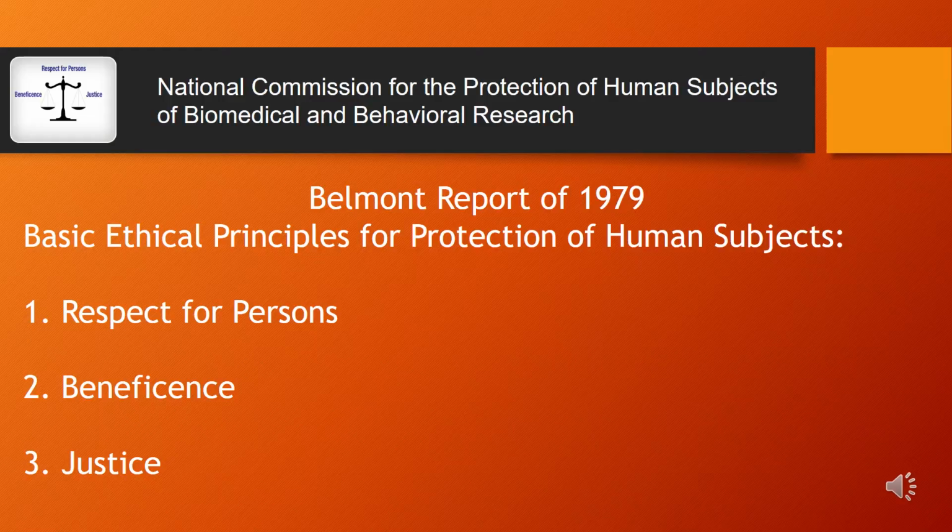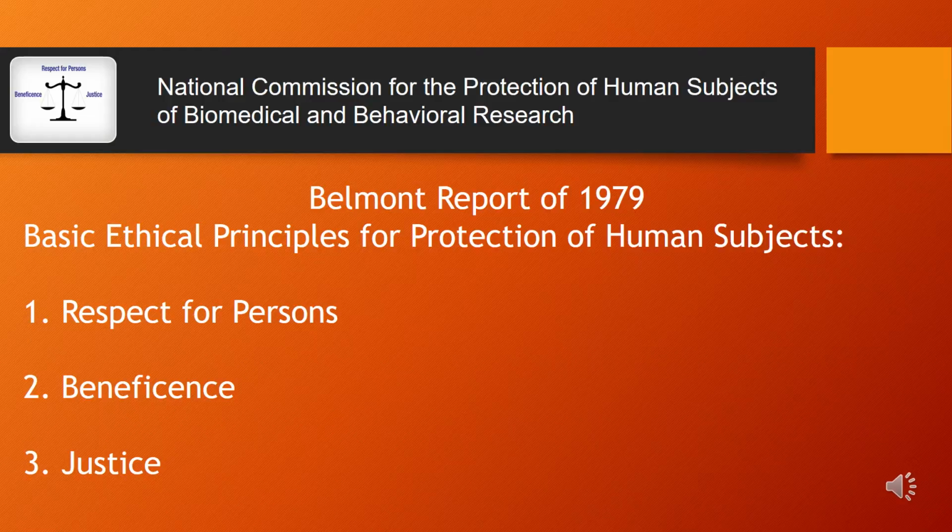After the Tuskegee syphilis study in the United States, the National Commission for the Protection of Human Subjects of Biomedical and Behavioral Research was created. From this, we have the Belmont Report of 1979, which establishes 3 basic ethical principles for the protection of human subjects.